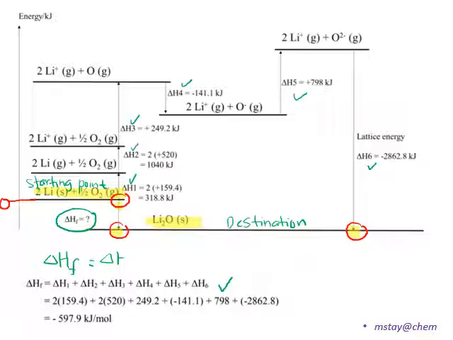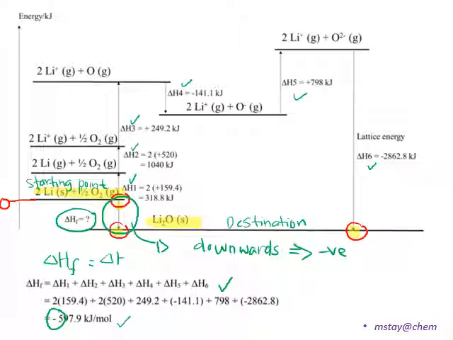You will notice that the enthalpy of formation is negative 597.9 kilojoules per mole. When we look over here, the arrow is going downwards, so it is logical that we will get the negative value. So a negative value also means that our answer is correct. Basically we have already finished discussing all the tutorial questions for the chapter on thermochemistry.